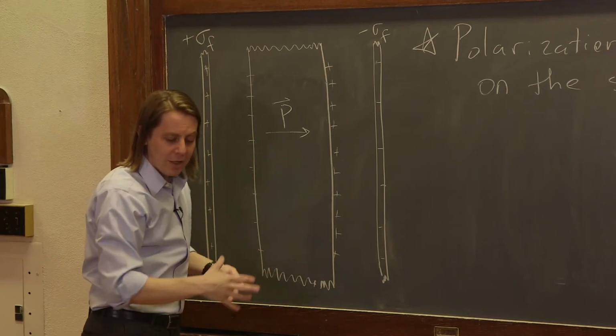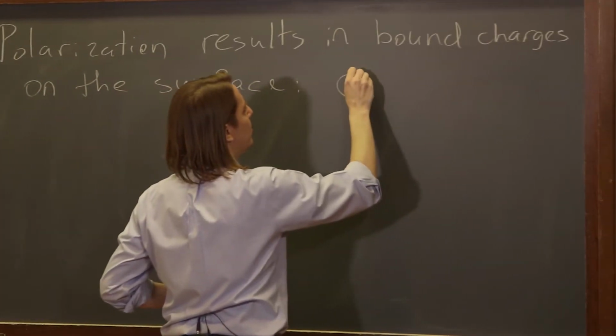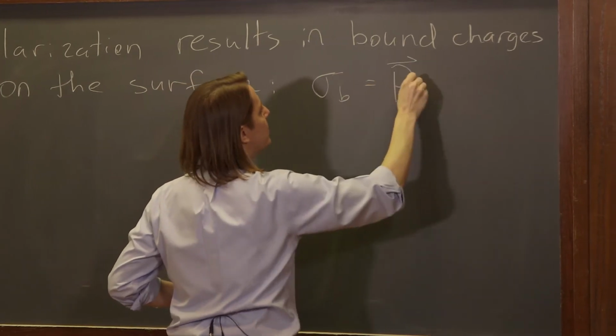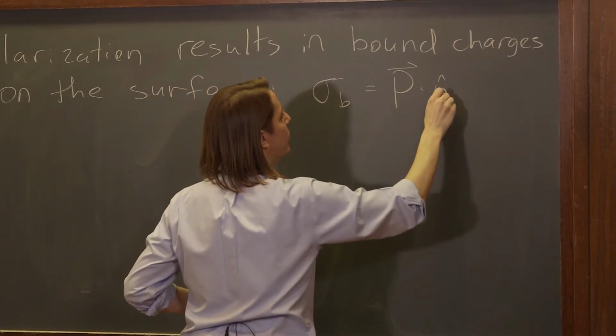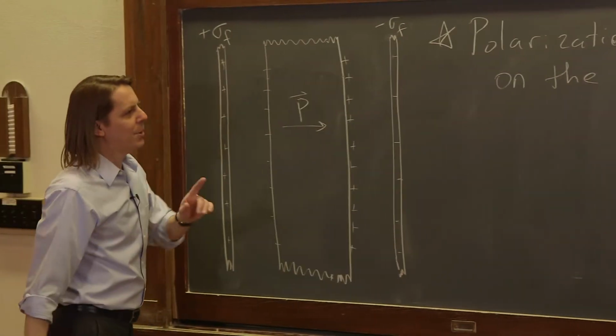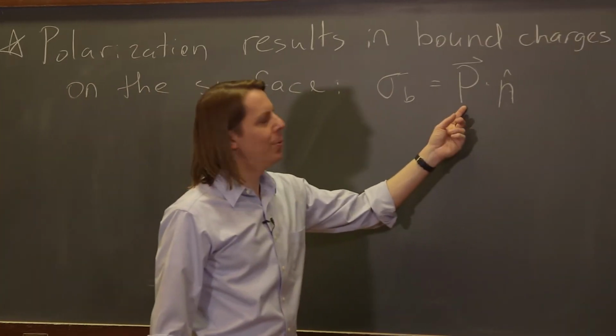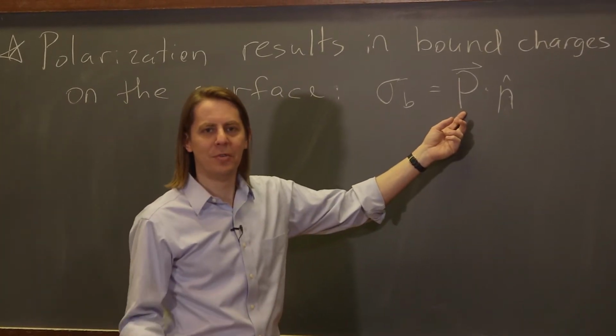So mathematically, what that is you get sigma, you get a charge density on the surface, sigma bound, and it's equal to the polarization field dotted with the normal unit vector of the surface, okay? Because remember, what was our unit for the polarization field? It was coulombs per meter squared. It has the unit of a charge density.